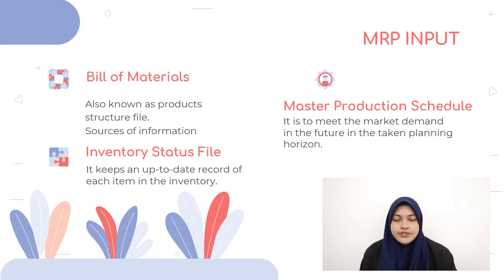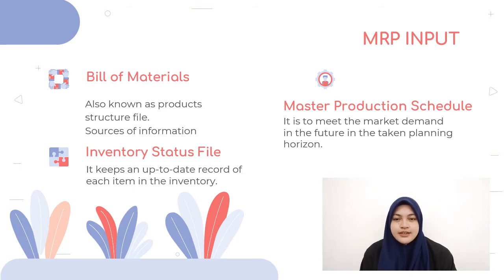The ISF contains important real-time information on a company's inventory. It lets managers know what they have on hand, where that inventory is, and the overall status of the inventory.